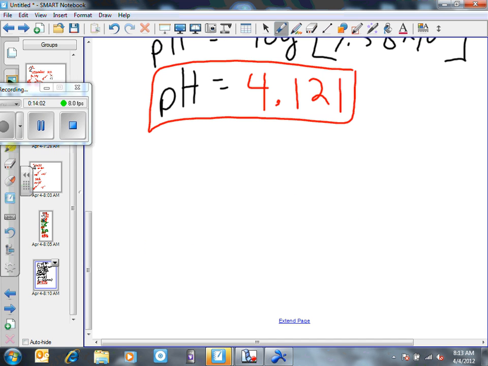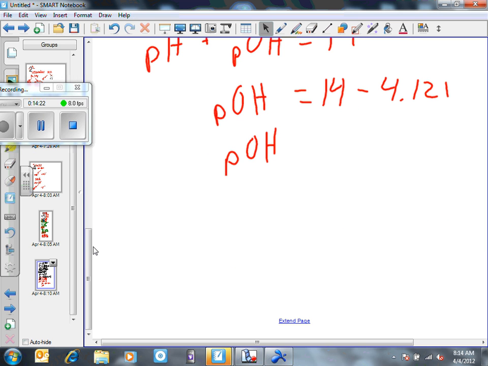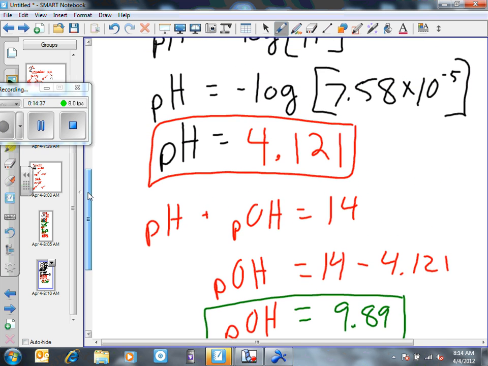And since my pH plus my pOH is equal to 14, then I can say my pOH is equal to 14 minus 4.121. My pOH is equal to 9.89.